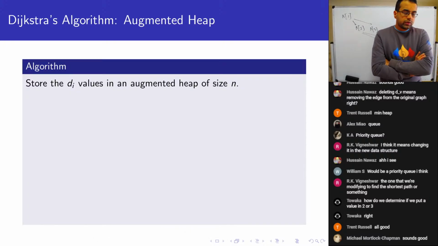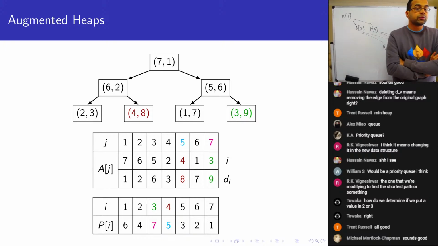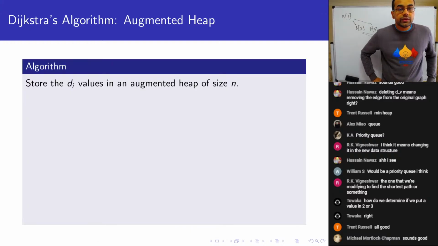So now that we're able to support the three operations that we care about, which are access top, pop from the top, and do arbitrary updates, we can now use augmented heaps to implement Dijkstra's algorithm. So we'll store the D values in an augmented heap of size n.